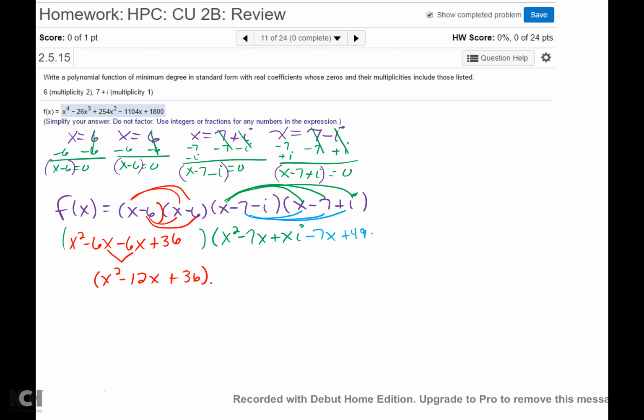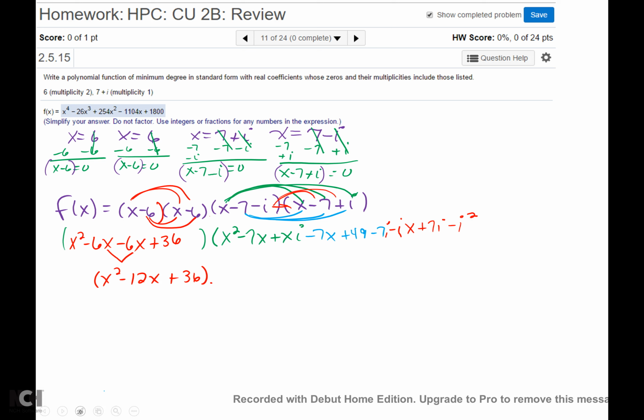Negative 7 times i is negative 7i. Negative i times x is negative ix or xi. Negative i times negative 7 is positive 7i. And negative i times positive i is negative i squared.